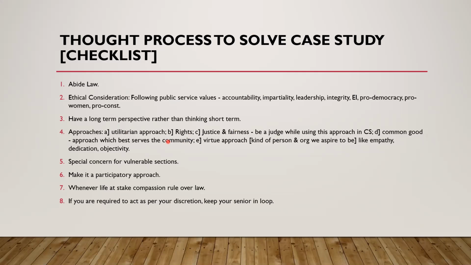Suppose there is a person working somewhere, and for the last 1 month he didn't get his salary, but his salary was like 50-60,000 rupees, so he can manage. He approaches you, and you try to solve his issue. But suppose there is a lady, a casual worker in some BMC or some municipality. Their salary is like 3,000, 4,000 rupees.